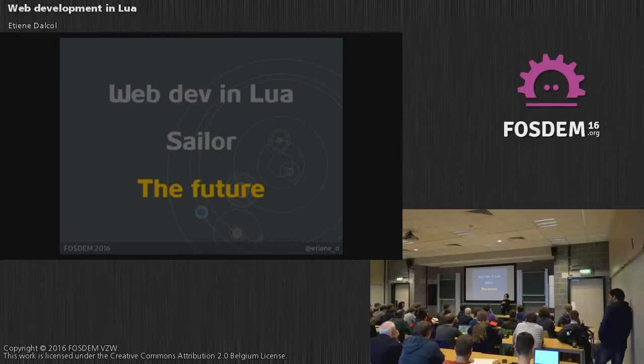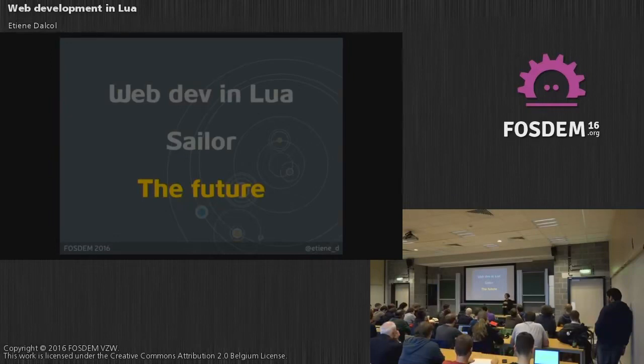Because my original plan was that Sailor became some sort of Django or Ruby on Rails for Lua. Obviously, not as bloated, because I think that would go against the philosophy of Lua. The philosophy of Lua is exactly to keep things minimal.